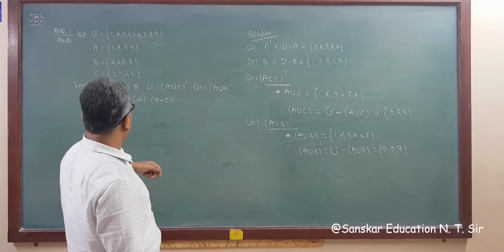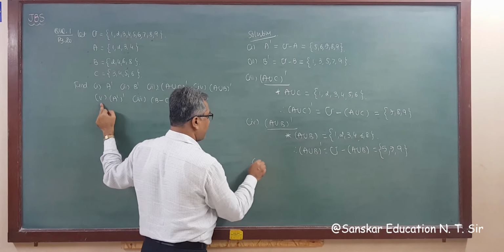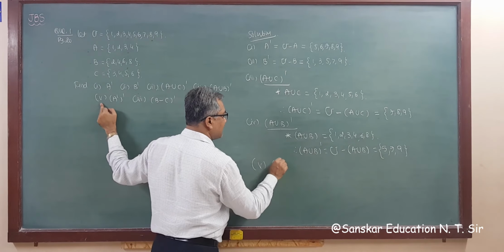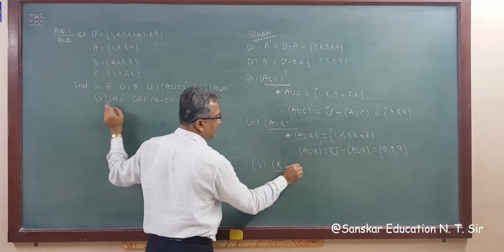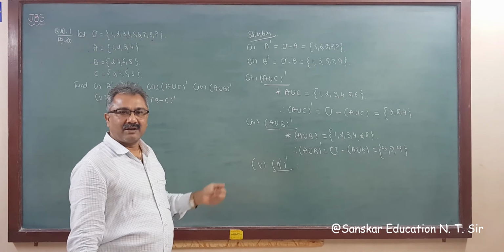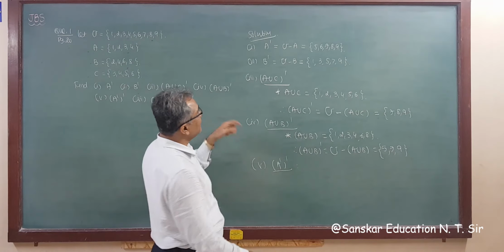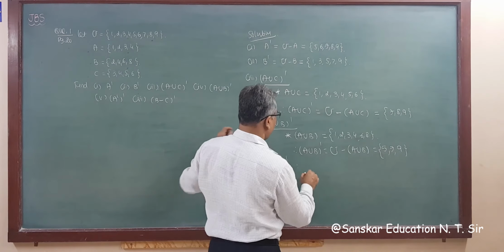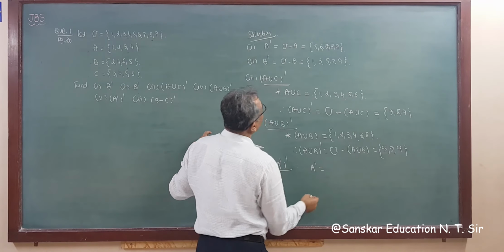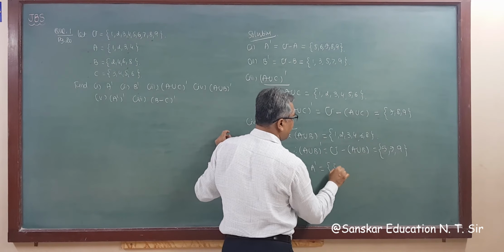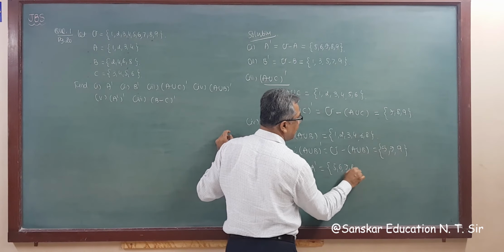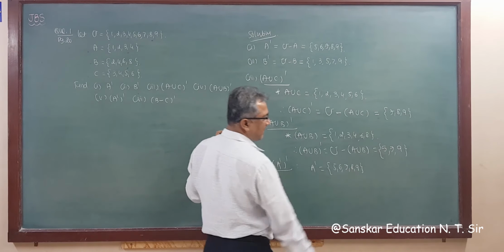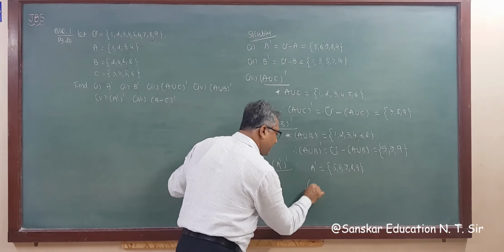Then fifth, A dash dash, complement of complement. Now A dash is 5, 6, 7, 8, 9. Now the complement of A dash.